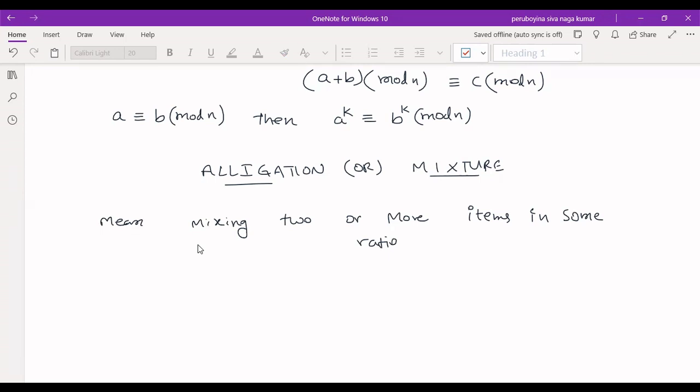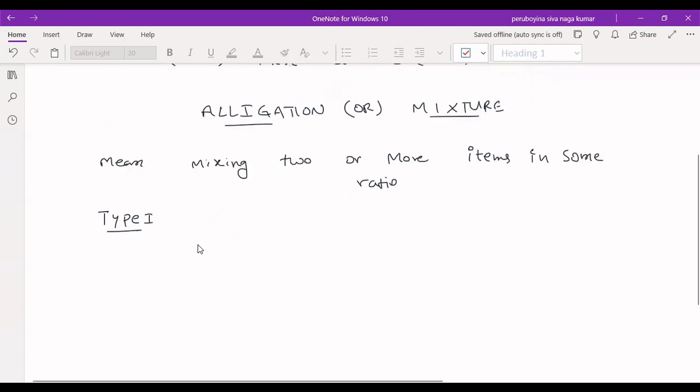Here we will discuss two types of problems we often see under this topic. Type 1: some cheaper items will be there. C means cheaper item.